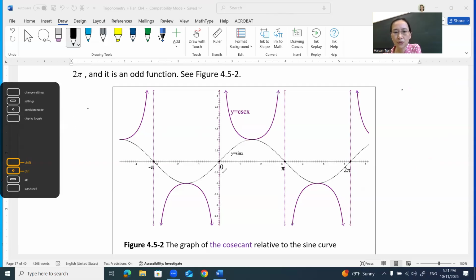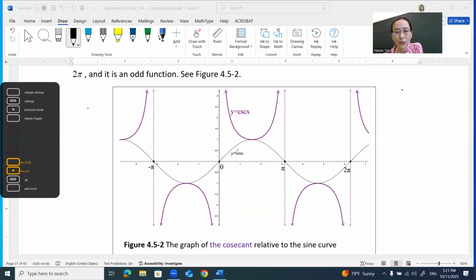Let's easily pick from 0 to 2 pi, this interval. This is the interval, one period of sine function. The sine function here you see increasing and then decreasing all the way to -1 and then increasing to 0. So that is one period of sine function.